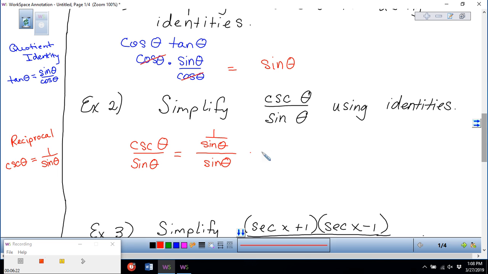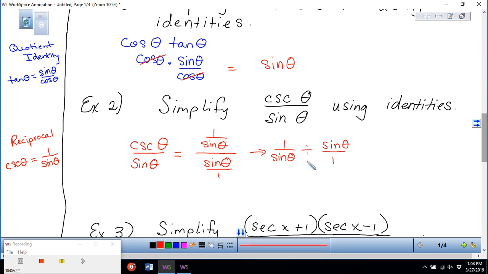So what I'm going to do is rewrite this as a division problem. I'm going to take my numerator, which is 1 over sine of theta, and divide that by the sine of theta. Now the sine of theta in the denominator can be rewritten as sine of theta over 1. So you can see that I have a division of fractions.